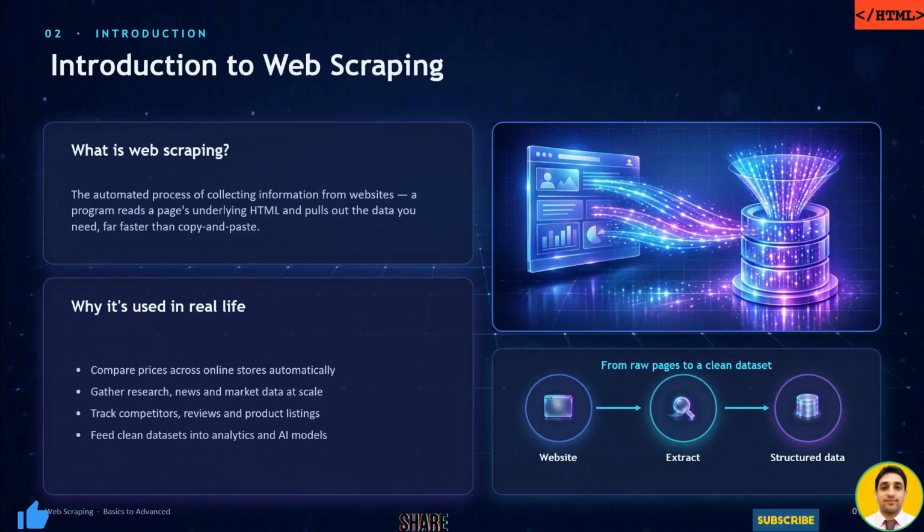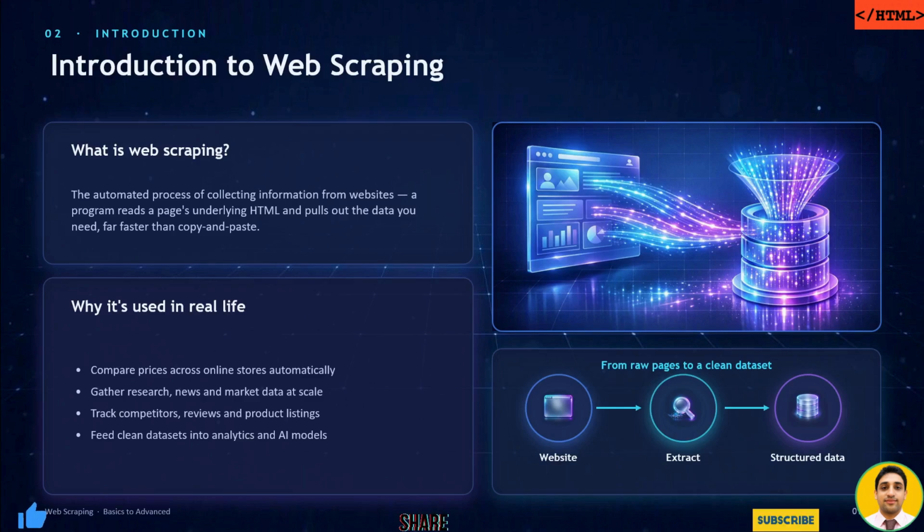Introduction to web scraping. Web scraping is the automated process of collecting information from websites. Instead of manually copying data, a program reads the underlying HTML of a web page and extracts the required information quickly and efficiently.